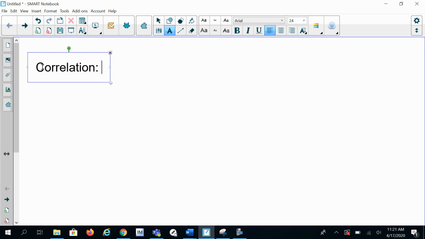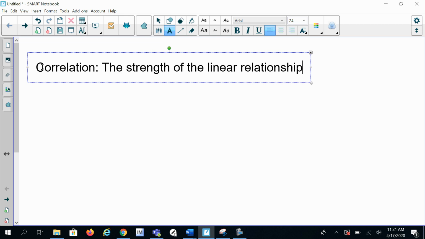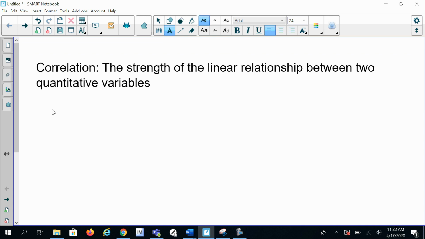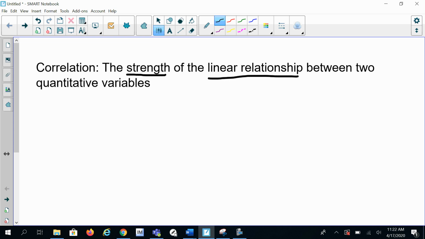So the definition of correlation is the strength of the linear relationship between two quantitative variables. So you'll notice that one is talking about strength. So how strong is it? Correlation refers only to linear relationship, and they have to be quantitative.